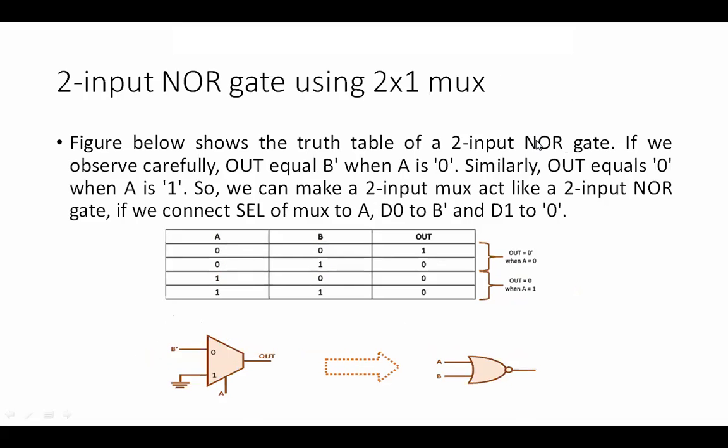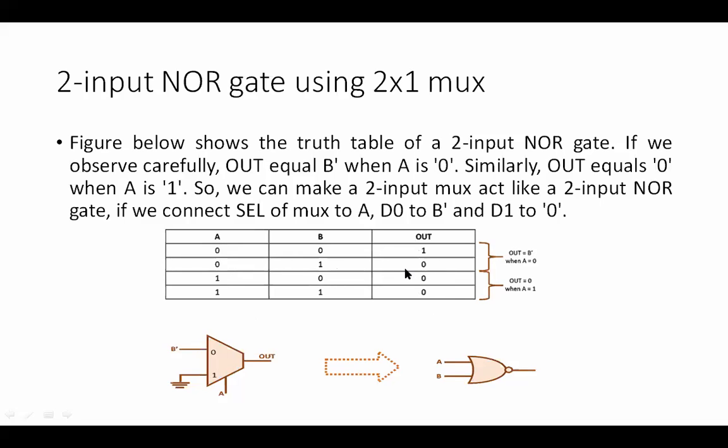Okay. So next, NOR gate. So in NOR gate, put your truth table. Once you have put the truth table, now is the time to understand how output is related to input, and what kind of conditions you can come up with. So when A is equal to 0, this is the complemented version of B. You have 0, 1, 1, 0. Next, when A is equal to 1, I can say output is always 0.